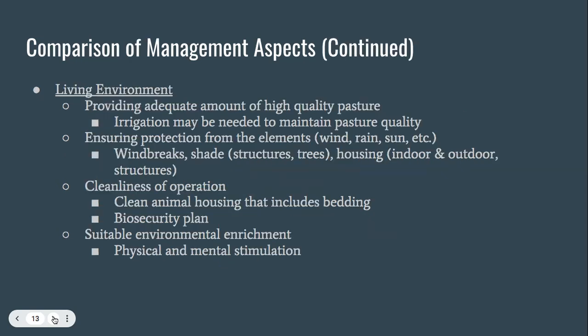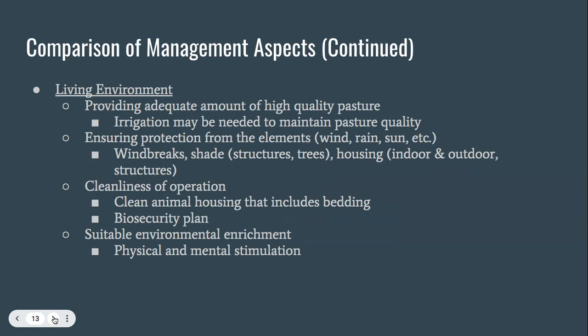For living environment, there needs to be an adequate amount of high quality pasture. As I mentioned, irrigation may be needed to maintain the pasture quality. Ensuring protection from the elements, such as wind, rain, sun, etc. Windbreaks, shade, such as structures and trees, housing, indoor and outdoor structures are needed.